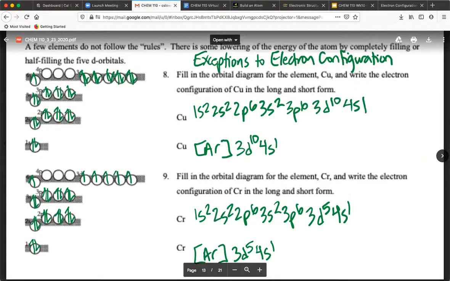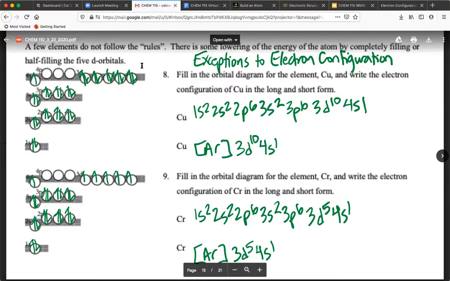So here, you were asking why I filled this one before I filled this one, right? Okay, in the case of copper, the reason is that anything that is completely filled or half filled is more stable than something that's only partly filled. You'd be tempted to do the electron configuration where this is 4s2 and this would be 3d9.